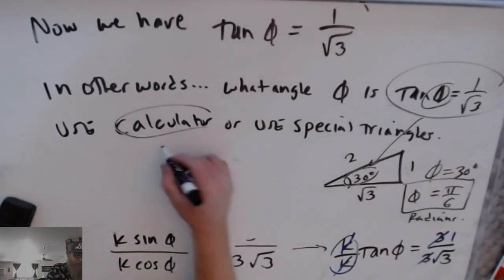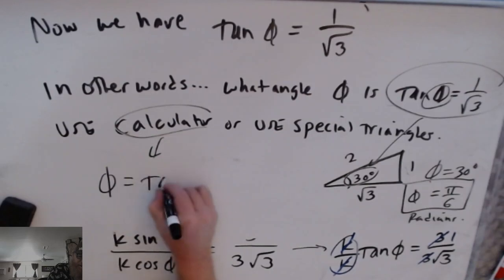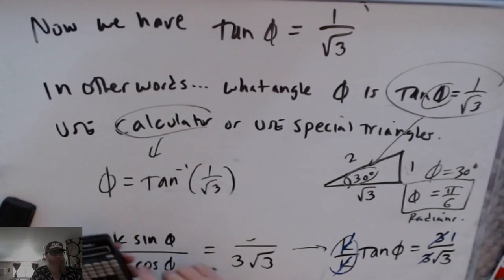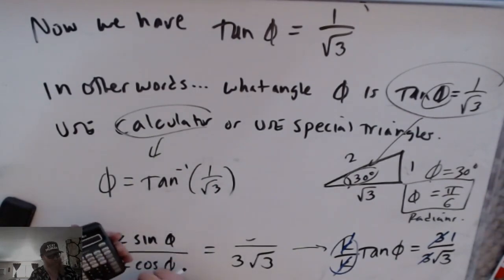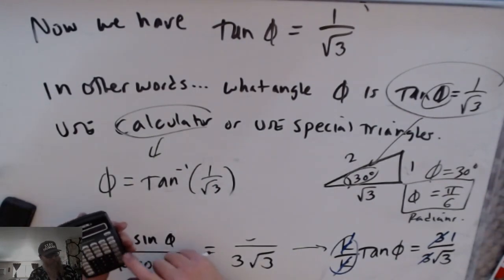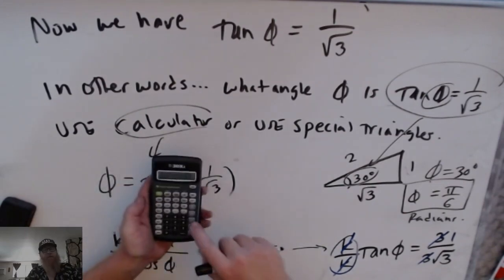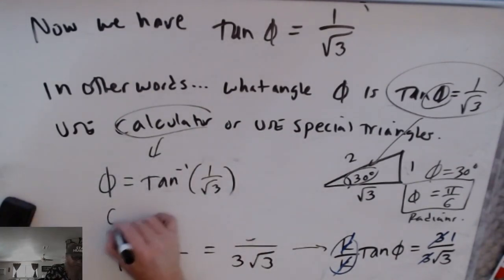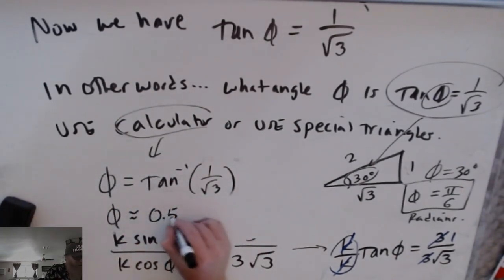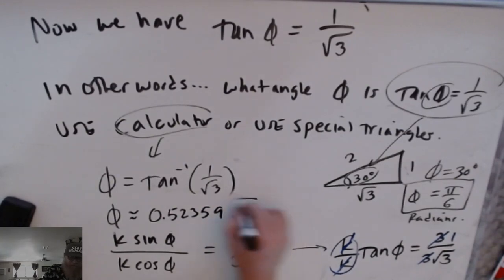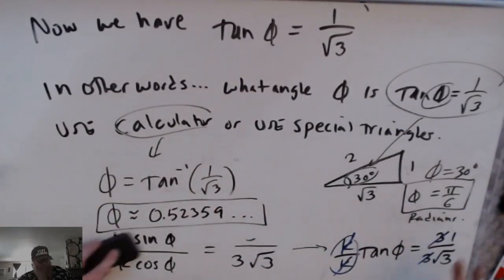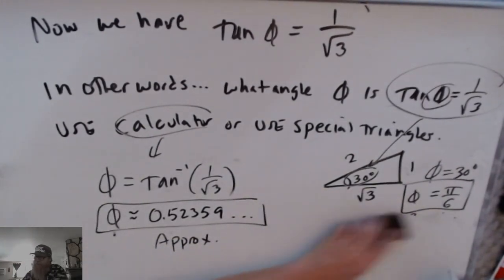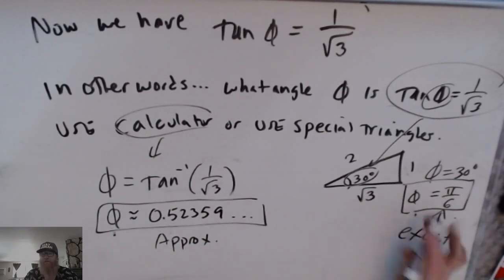If you use your calculator, phi would be tan inverse of 1 over square root of 3. So you use your tan inverse button, which is a second function. You get phi is approximately 0.52359, etc. This is an approximation, and this is an exact value.